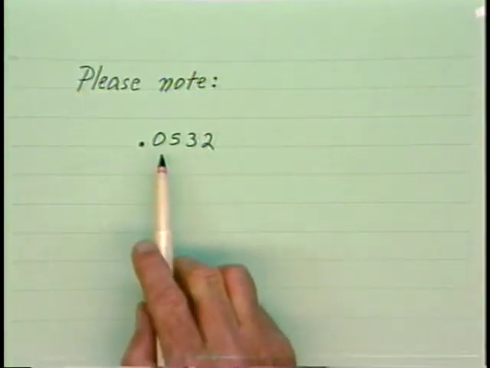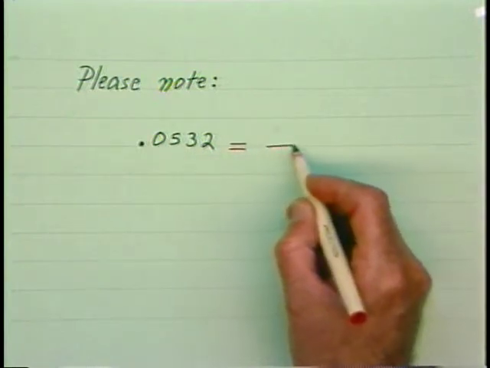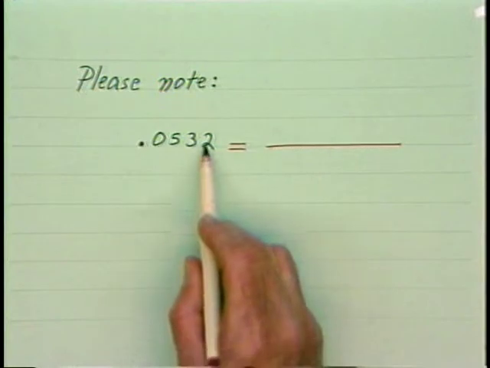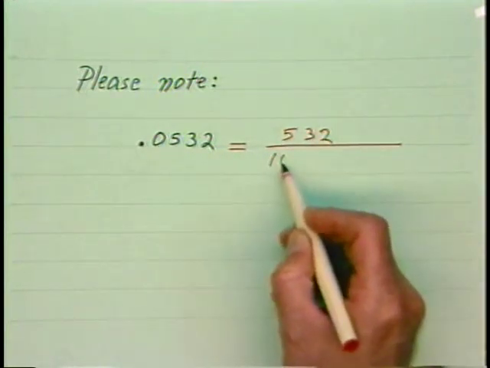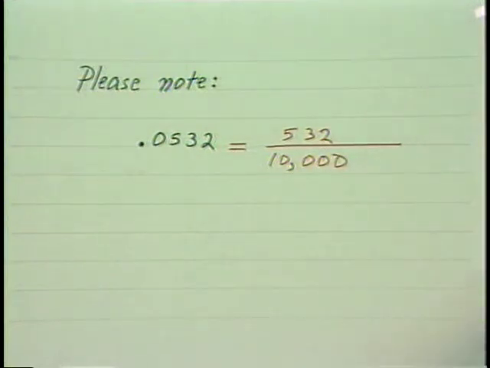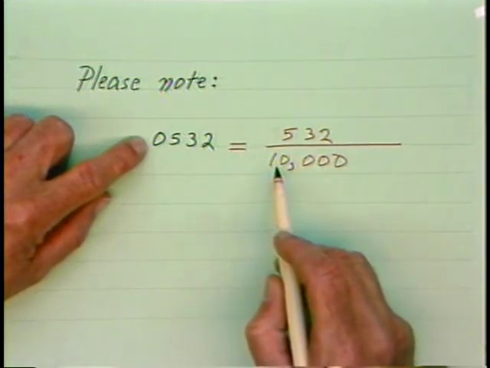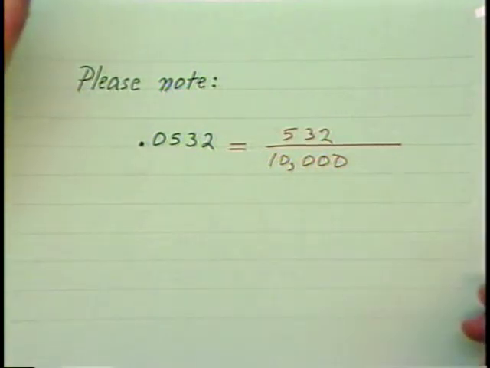If I were to write this decimal in fraction form, let's see, that would be 532 ten thousandths. Or if you wish, 532 over 1, followed by 1, 2, 3, 4 zeros.